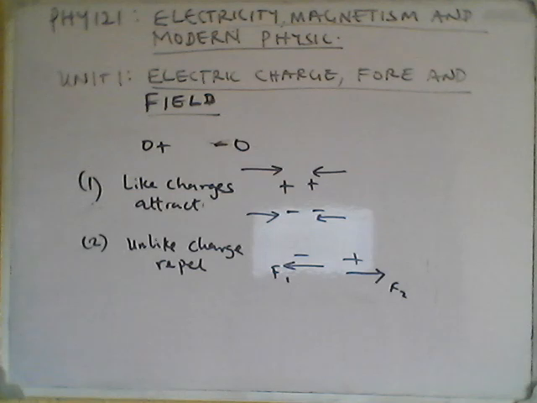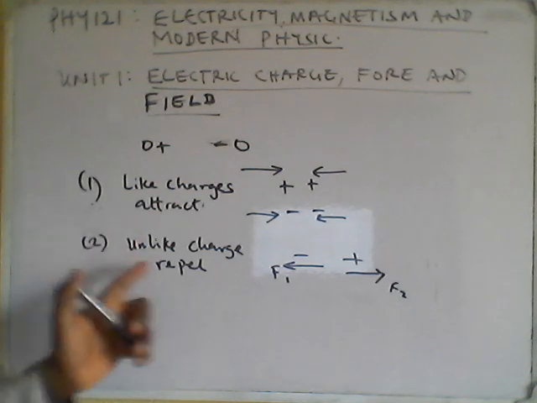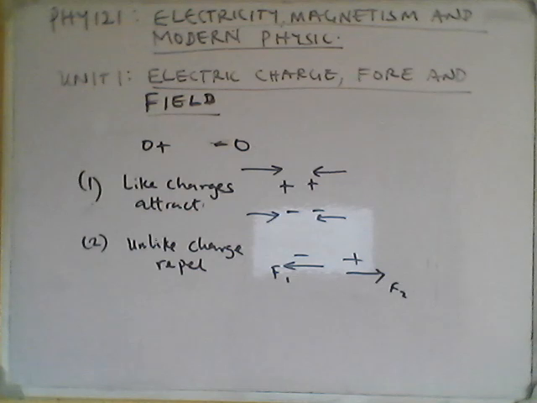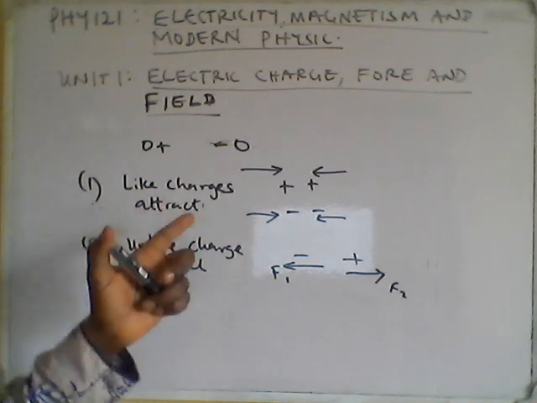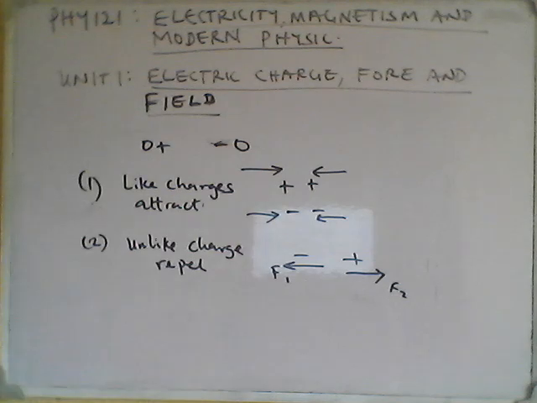So that is what you have. Actually a scientist came to study the nature of these charges. We'll look at it in a short while, Coulomb, and it was a law that he introduced to study the force, the force of attraction.